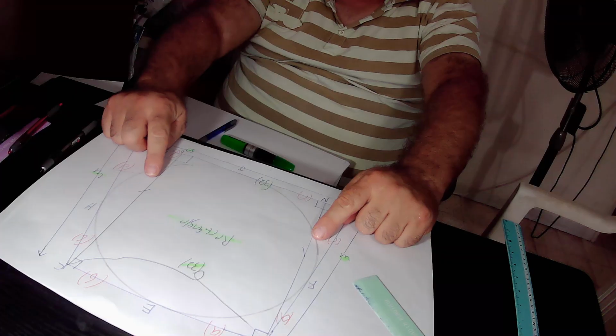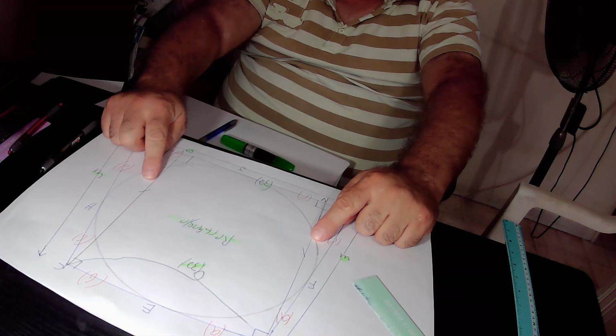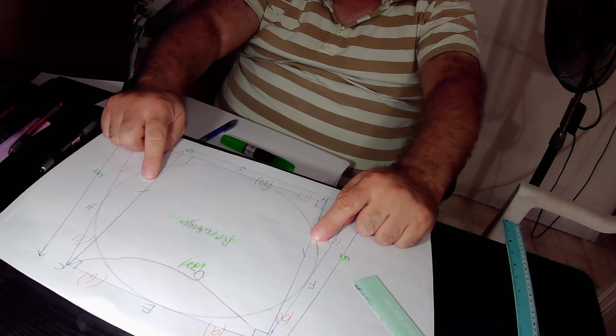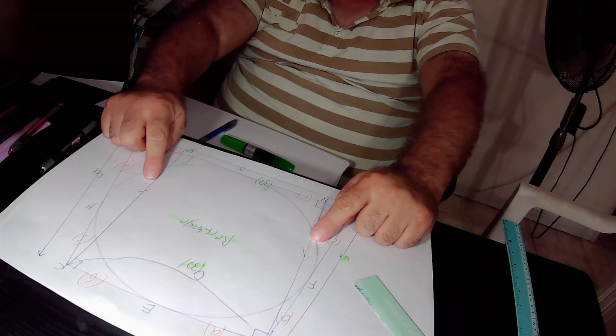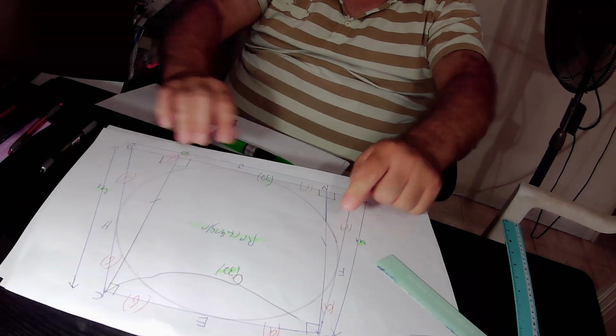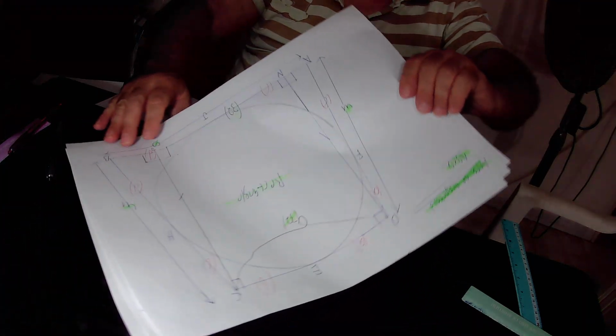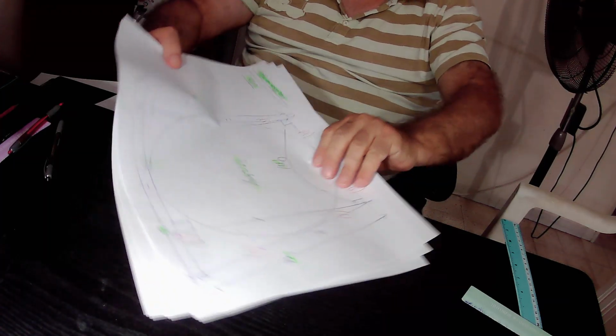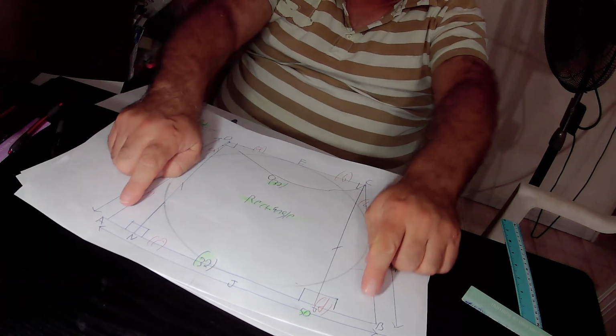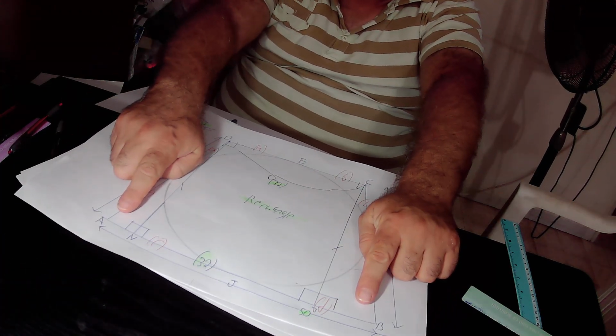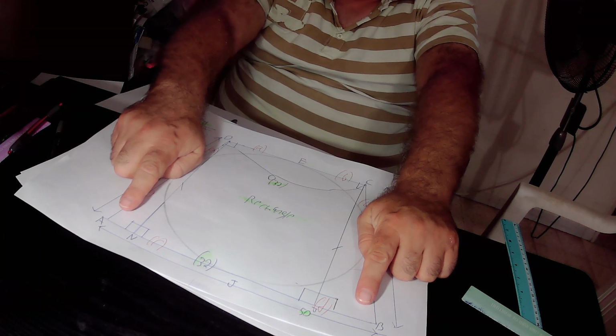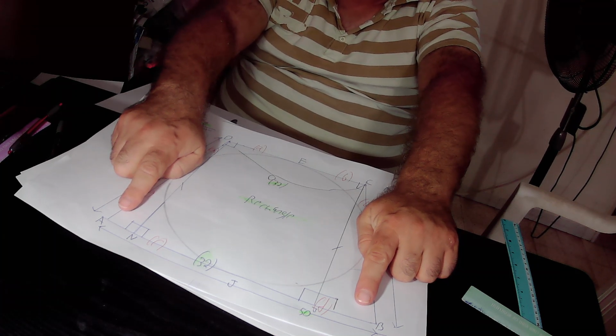In addition, those two sides are equal to each other according to the rule that the opposite sides of a rectangle are equal to each other. And finally, those two sides are also equal to each other. So we will prove that those two sides must be equal to each other.